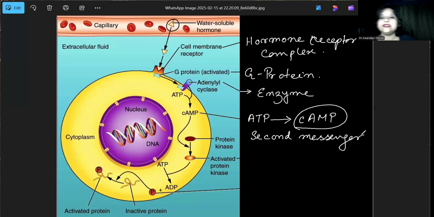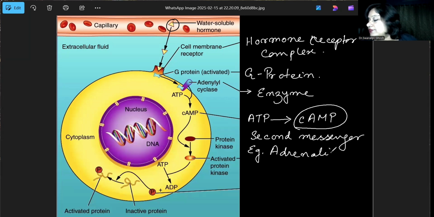Now, students, the second messenger can be calcium, then inositol triphosphate, then DAG, that is diacylglycerol. But in this particular case, let me consider that this particular hormone is adrenaline.